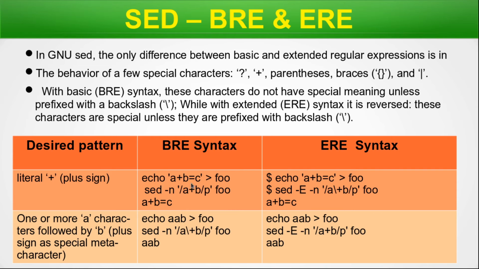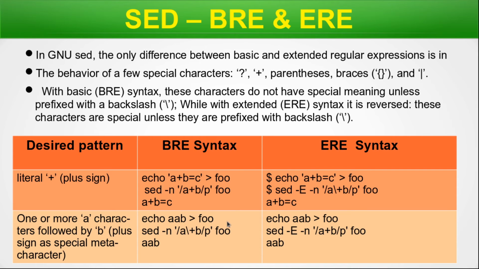Since this has a single line, this will just show this one. Try doing this: you remove this backslash and try to print, and here it will not come out. So if you keep the same syntax in both of these operations, in one case it will work and in another case it will not work, and vice versa.